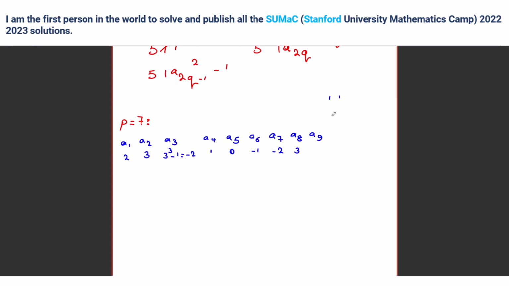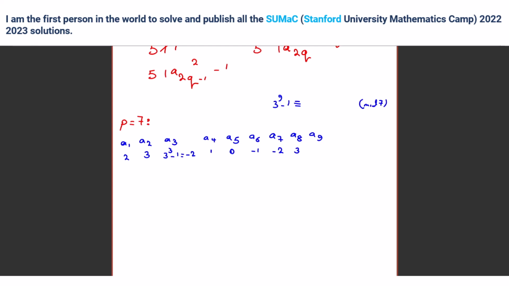A9 is what? A9 equals 3 to the 9 minus 1 mod 7. Exactly. Mod 7, it is what? Okay, so calculated, A9 is 5 mod 7.